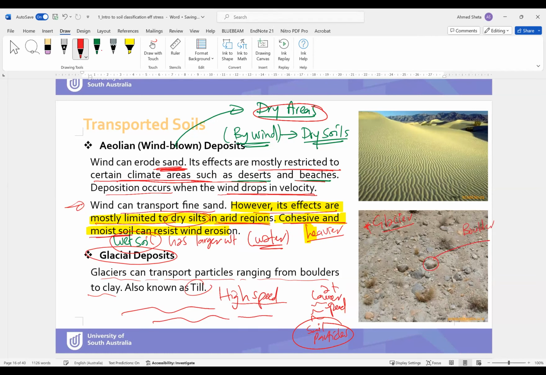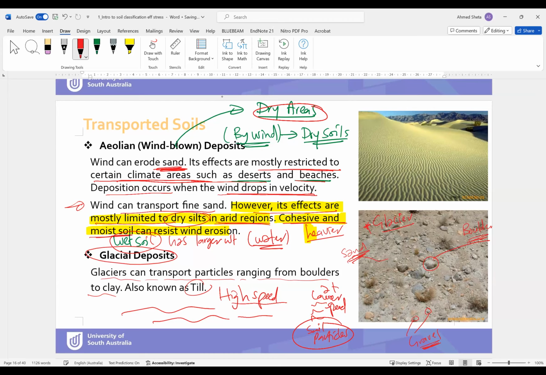We also have smaller ones like this one, gravel. We also have this as sand. So the glacial deposit can move all sizes of particles, such as boulders, the large ones, and gravel, the intermediate one, and sand, and up to clay. Okay, so these are all the transported soil types, and now we have finished the first part of our lecture.